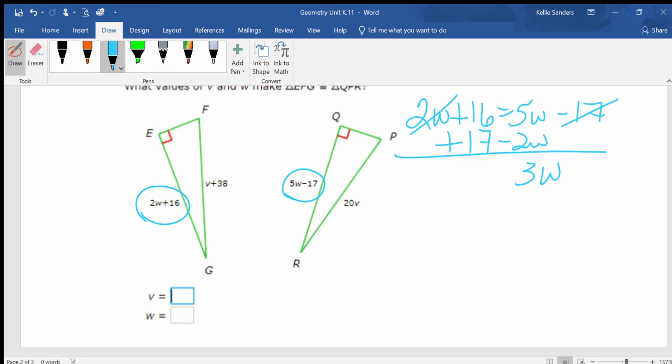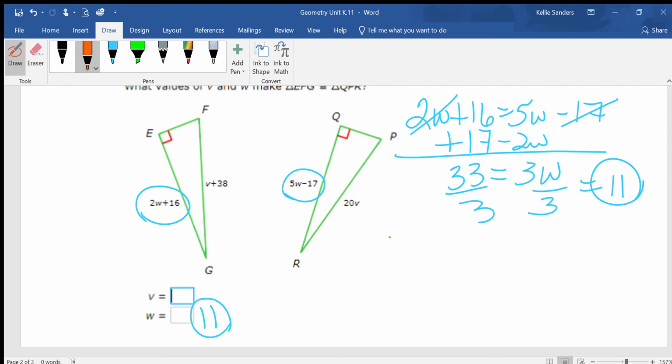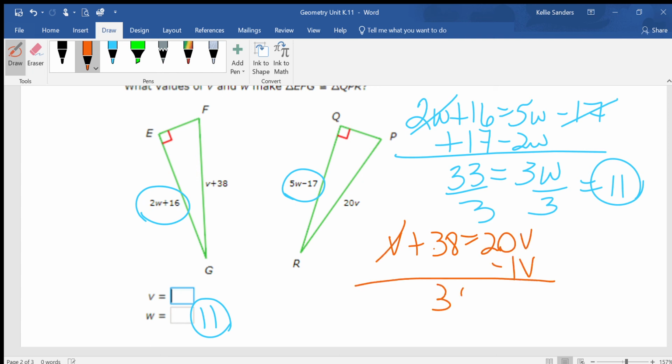We're going to add the 17, bring the equal sign down where it's supposed to be, and get 33. We're going to divide by 3, and our W equals 11. And V plus 38 equals 20V. Subtract the 1V, 38 equals 19V. We're going to divide by 19, and V is 2.